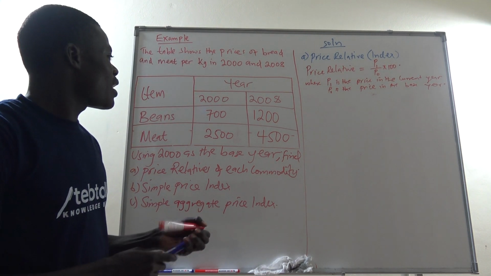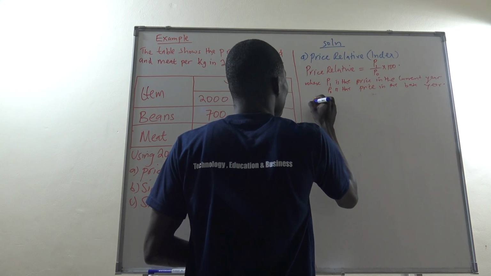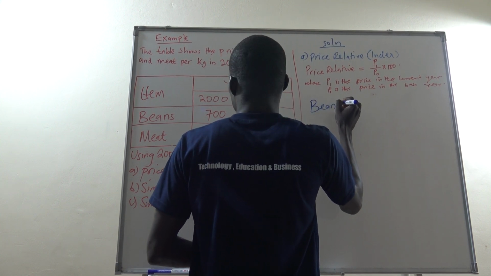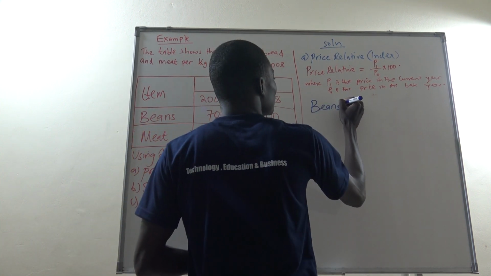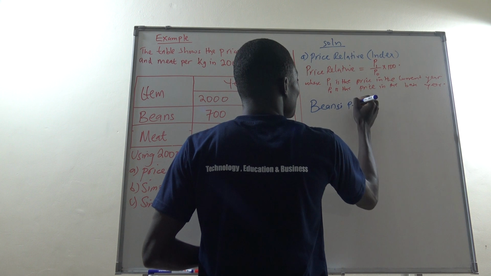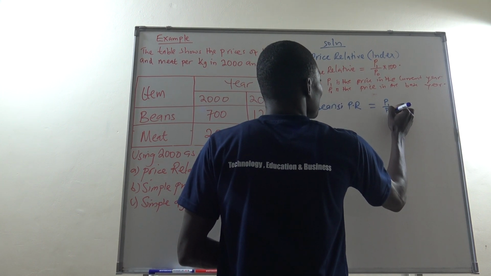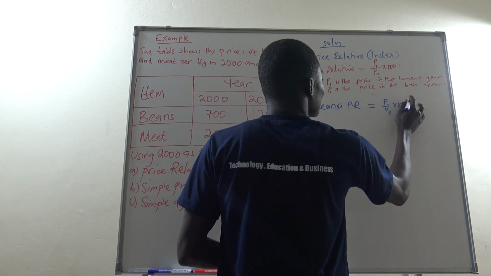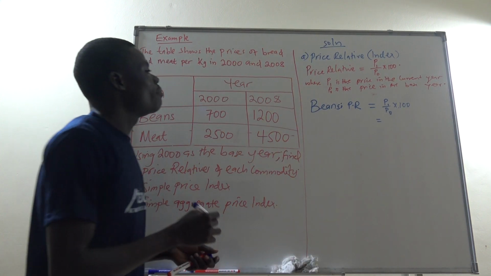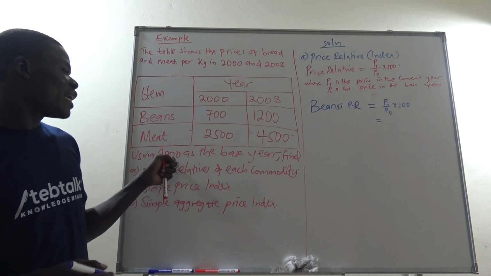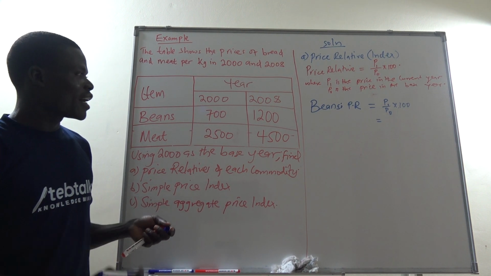So we go to the first commodity, that's beans. Then price relative of beans: price relative is given by P1 out of P0 times 100. They have said our base year is 2000, implying 2008 will become our current year.